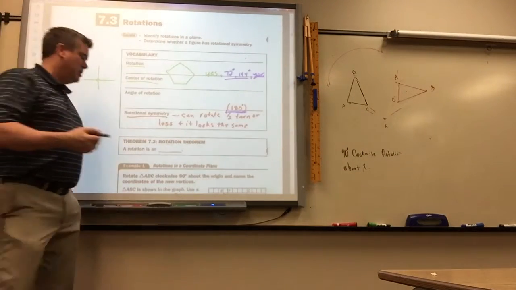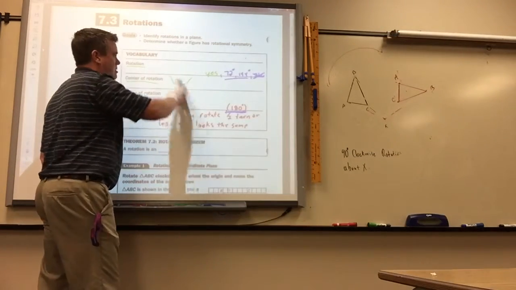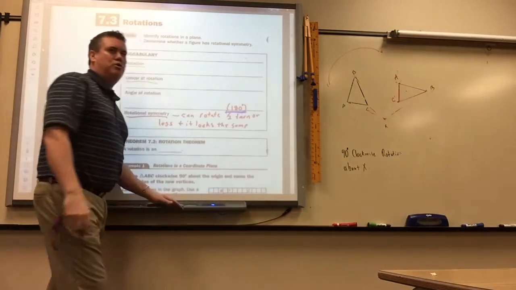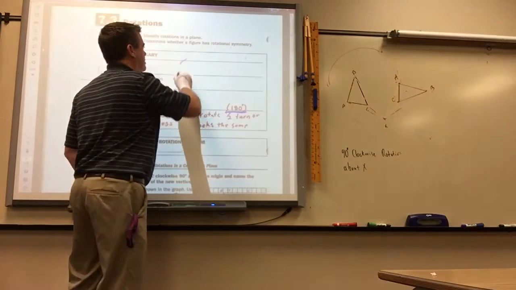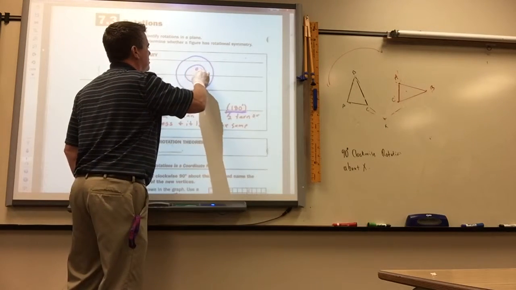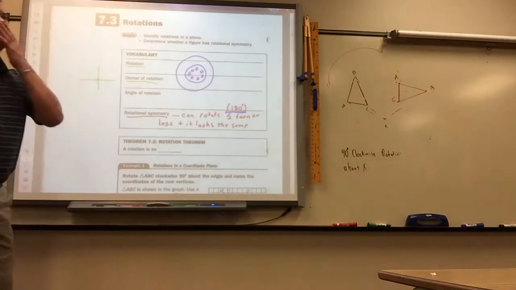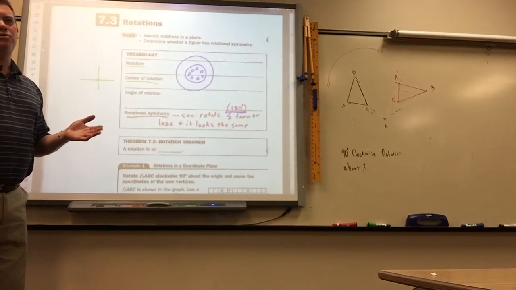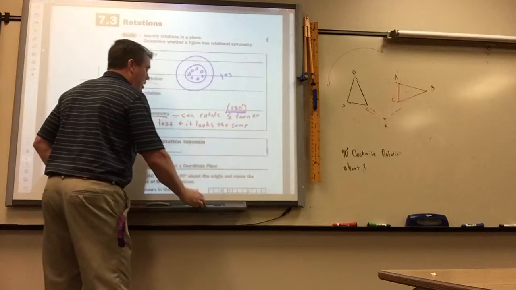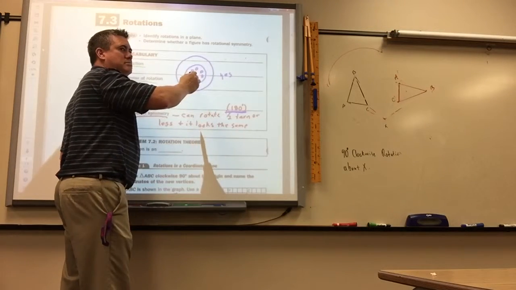All right? Now, they don't have an example like this in the rest of this, but in your book, the last few problems, they have things like tires. They have rims like that. So they're wondering, does this have rotational symmetry? Yes. And then to figure out what it is, you just count. There's 1, 2, 3, 4, 5, 6, 7.